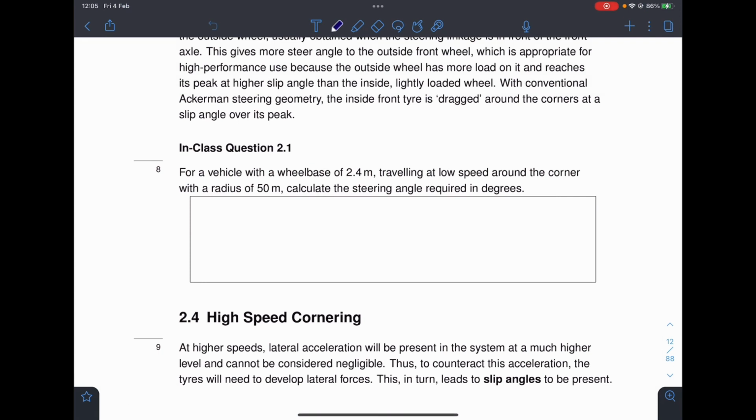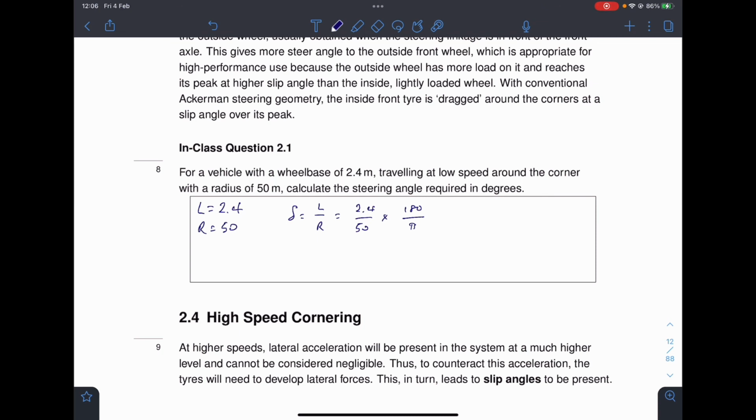So this is the problem, and in the notes we've got L and R there. L is 2.4, R is 50, so delta is going to be L divided by R, so that's 2.4 divided by 50. But we want to get it in degrees, so we need to multiply it by 180 divided by pi. That's the conversion between radians and degrees.